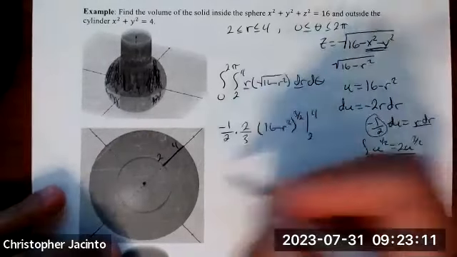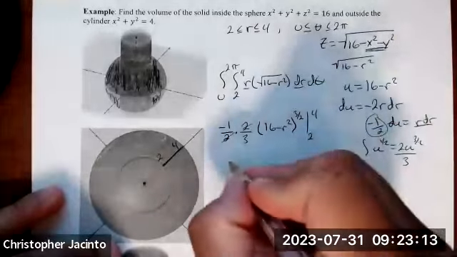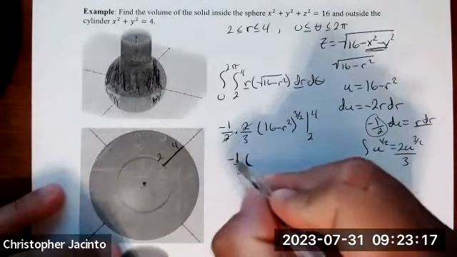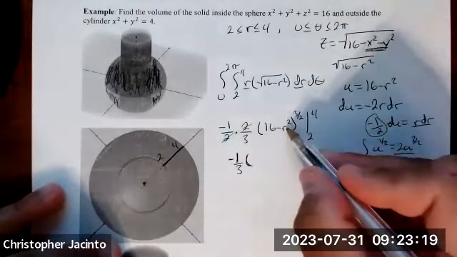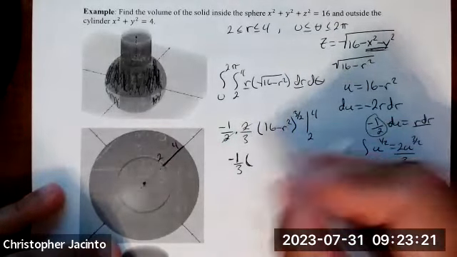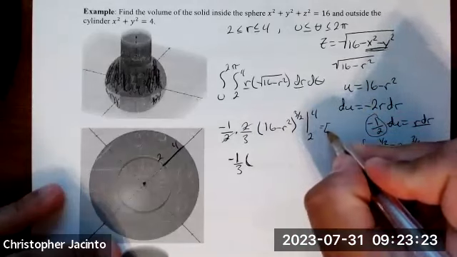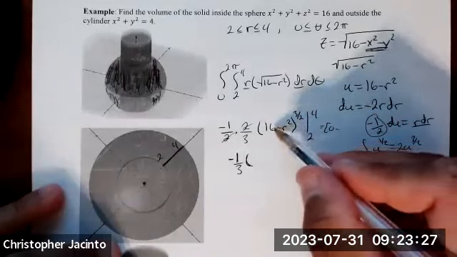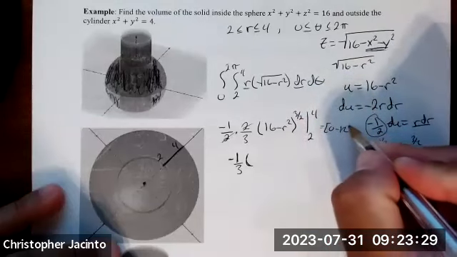Okay, so simplify this a little bit. Those cancel. And then what do we get here? So I plug in 4. 4 squared is 16, so that goes to 0. And if I plug in 2, 2 squared is 4, so 16 minus 4 is 12.